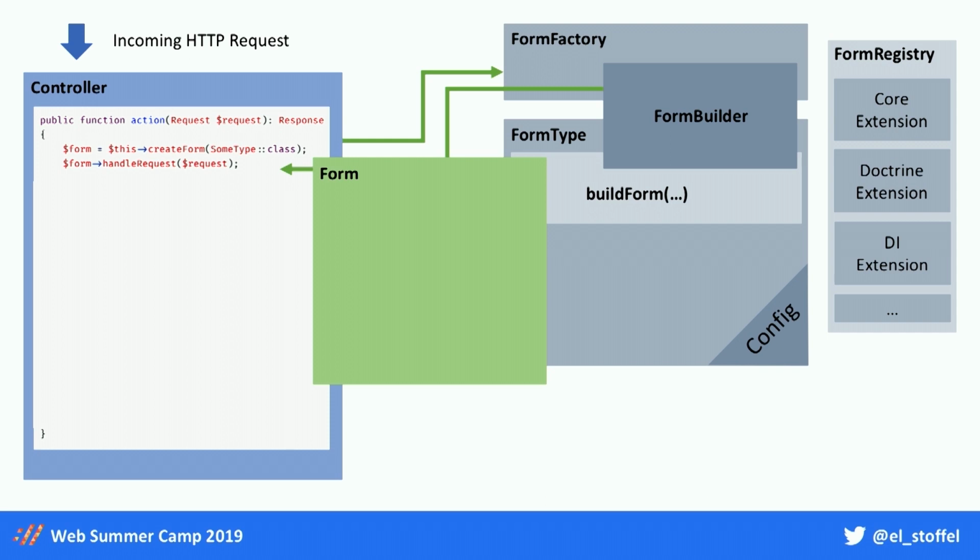So we give the request object to the form. We have a handleRequest method on the form object. And the form object knows a service like request handler. Actually, there are two implemented in the form component. One that deals with the superglobals of PHP, like $_POST. And one that deals with the HTTP foundation.